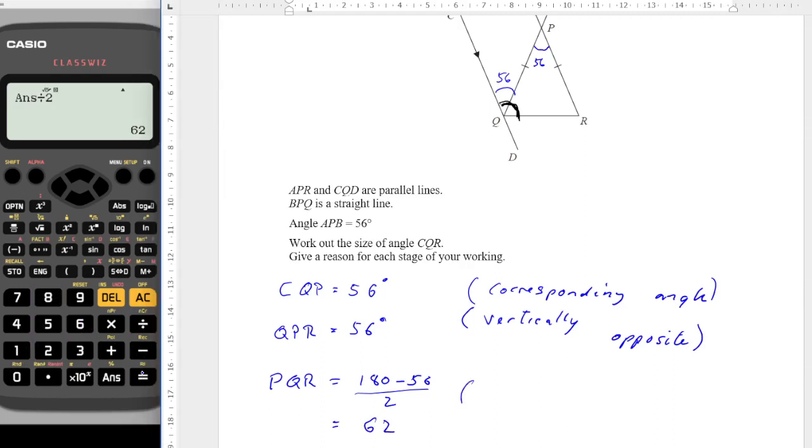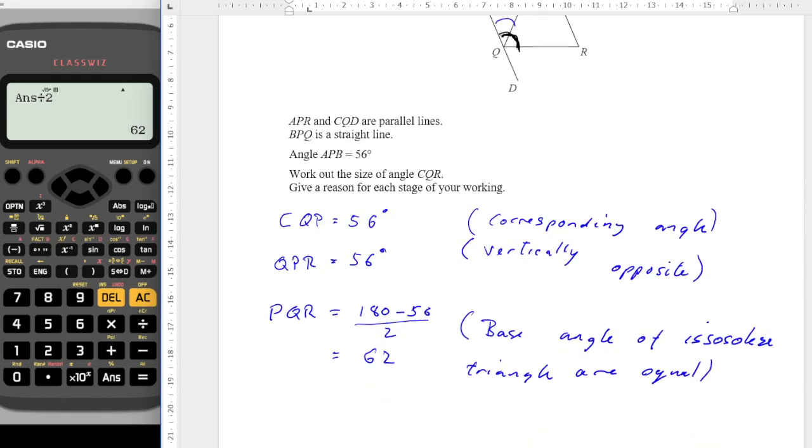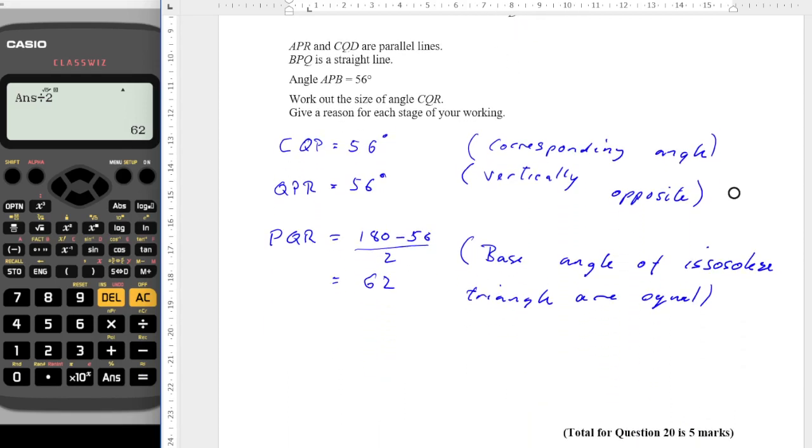And the reason for that is base angles of isosceles triangle are equal. Technically speaking, I've also used the angles in a triangle equal 180, but I'm only going to use that one reason.